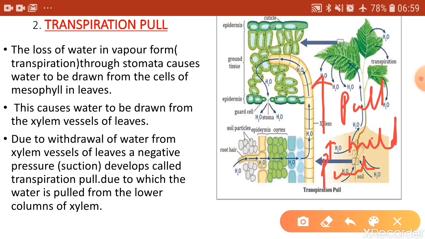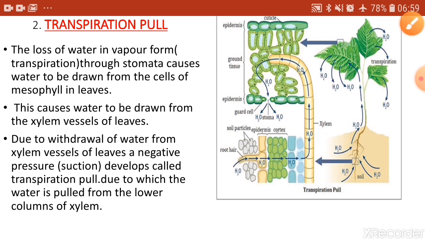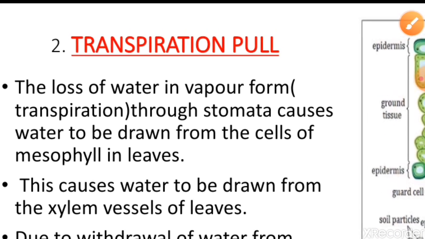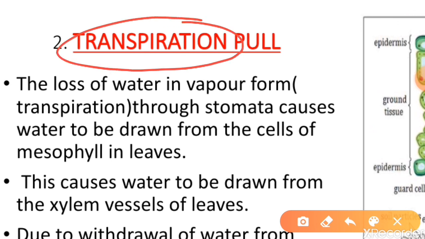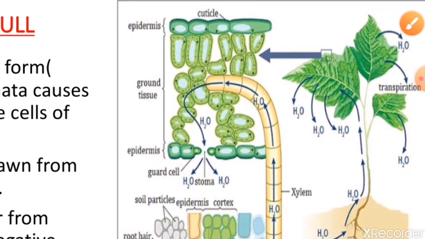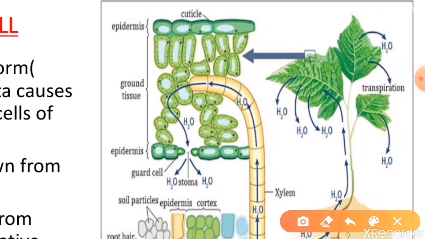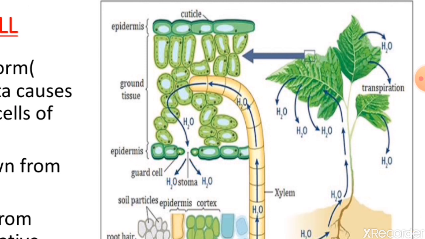Okay. Now first let's know what is transpiration. Transpiration you've learned in your junior classes also. It is the process by which the plants lose water in vapor form through the aerial parts of their body. So this loss of water that occurs in the vapor form from the aerial parts of the plant's body is what is called transpiration.